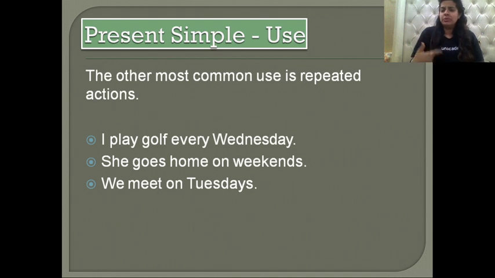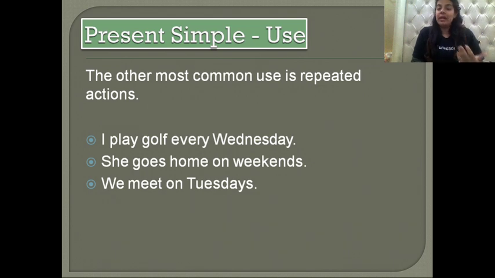Now, the other most common use is repeated actions. For example, if I say, I play golf every Wednesday, this action is repeated every Wednesday, so we use present simple to describe it. It can also be something I follow as my hobby. I paint whenever I feel sad.